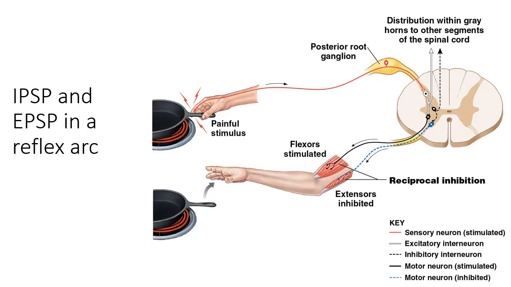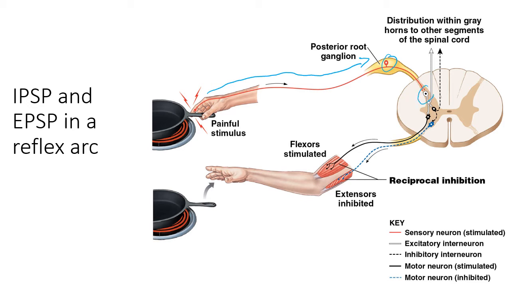And we saw this before when we looked at the reflex. The reflex itself utilizes both an IPSP and an EPSP in order to get movement to occur. So we have our painful stimulus here. Our signal comes in through our afferent neuron. Our posterior root ganglion has the cell body.